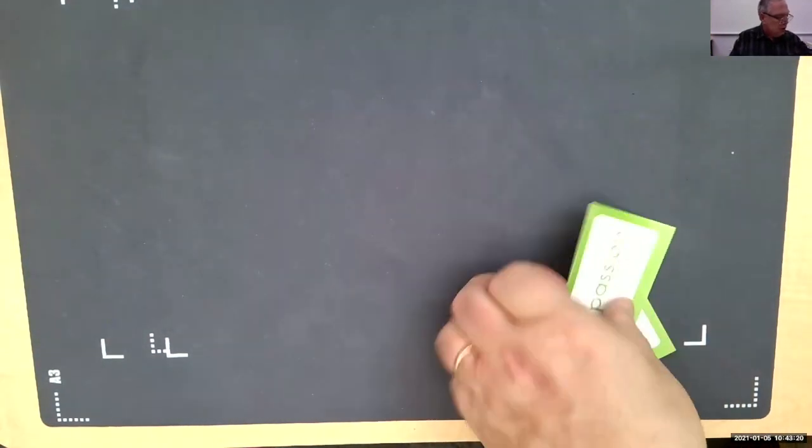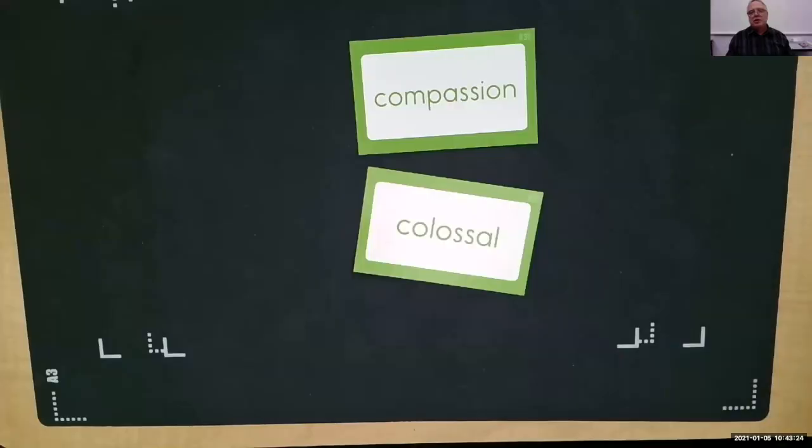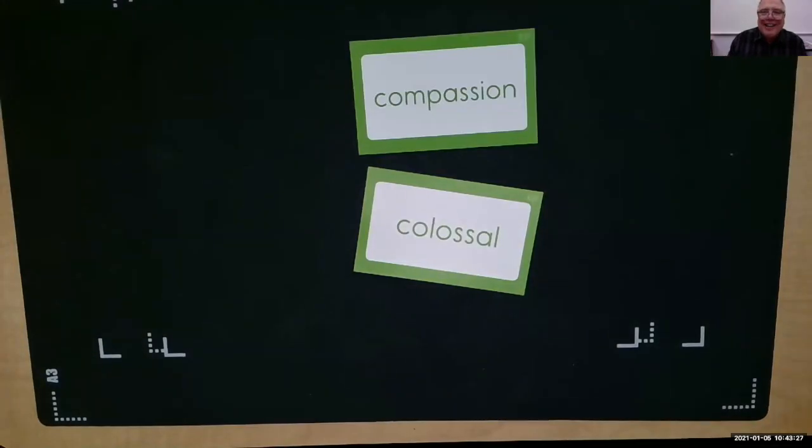We're going to look at 2 words from this story that are going to be on your vocabulary. Let me see if I can share them with you.